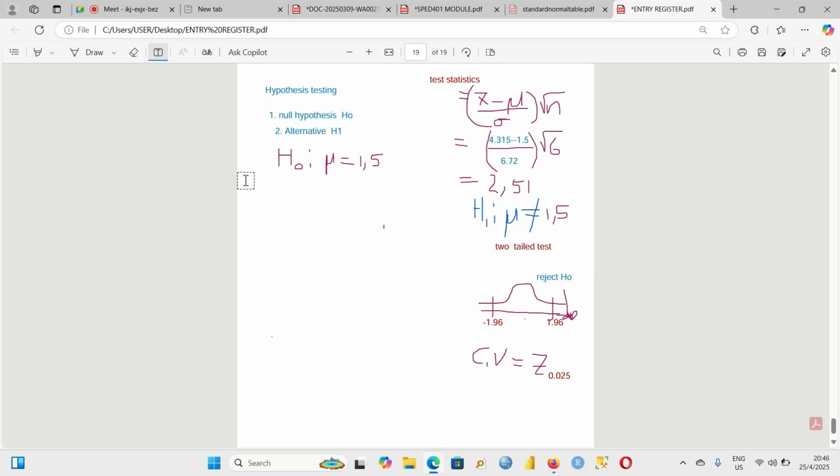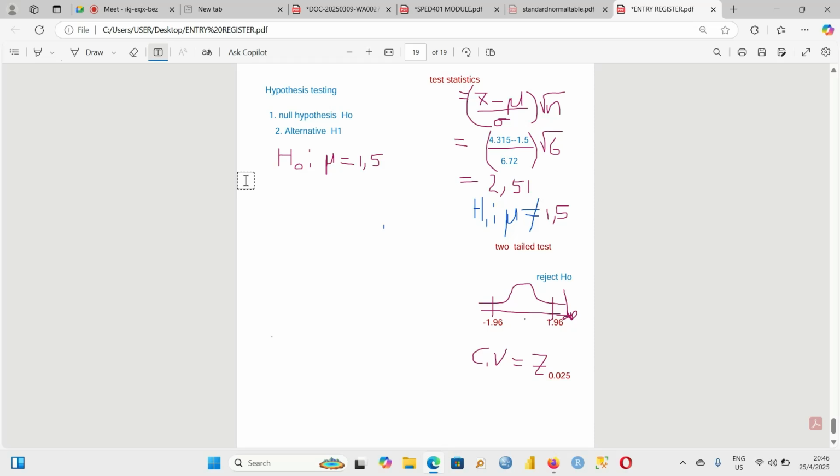Conclusion: since the test statistic 2.51 is greater than 1.96, we reject H naught and conclude that mu is not equal to 1.5. So it doesn't support his claim.